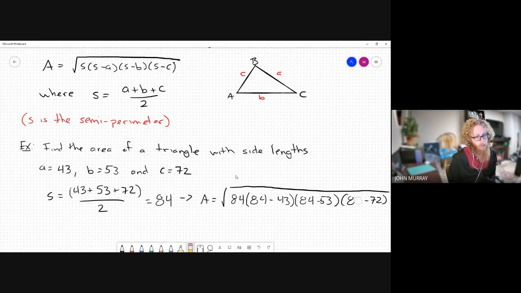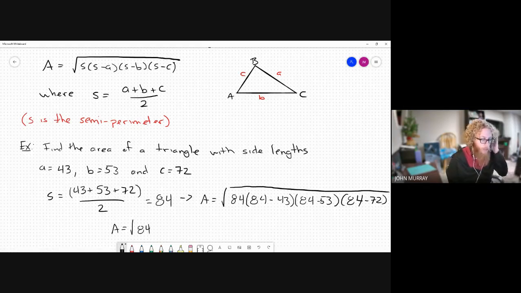That's a 4, that looks like a 9, let me change that. So PEMDAS, order of operations, we do the parentheses first. Well, that's going to stay 84 for now.